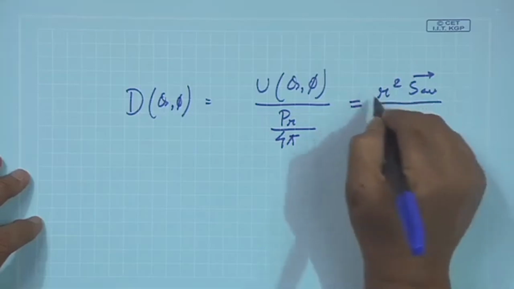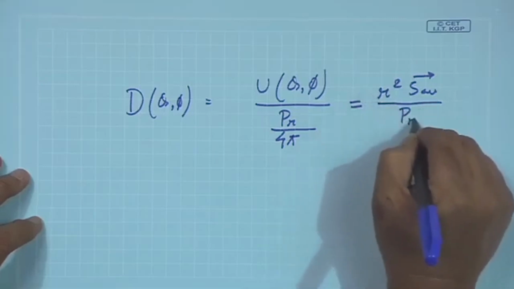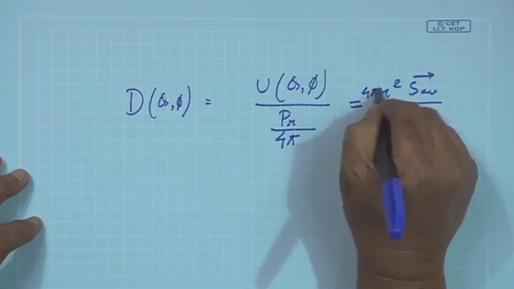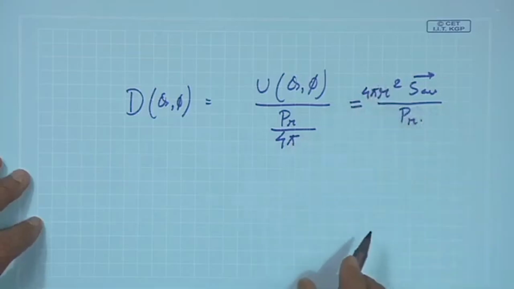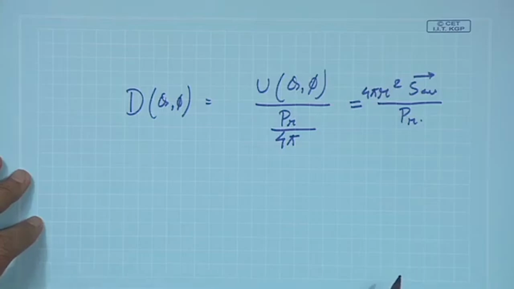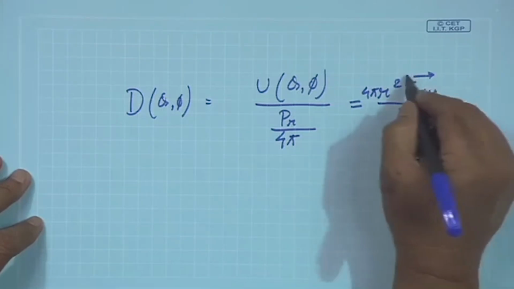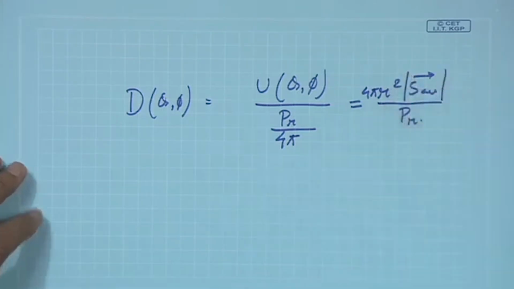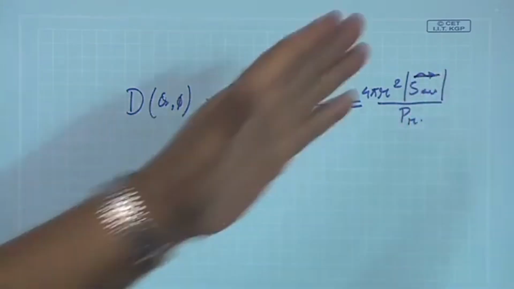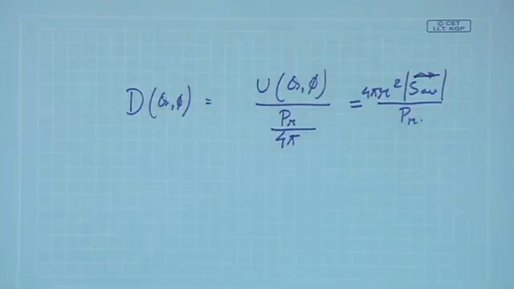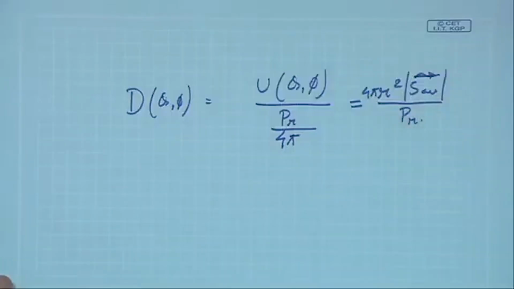So, this is divided by PR and this 4 pi goes here. So, this is the expression. Okay. So, 4 pi r square S average, obviously this S average we will have to take the magnitude, because S average is a vector. So, phasor vector, but we are taking the power ratio, power is a scalar quantity. So, we need to take the magnitude.